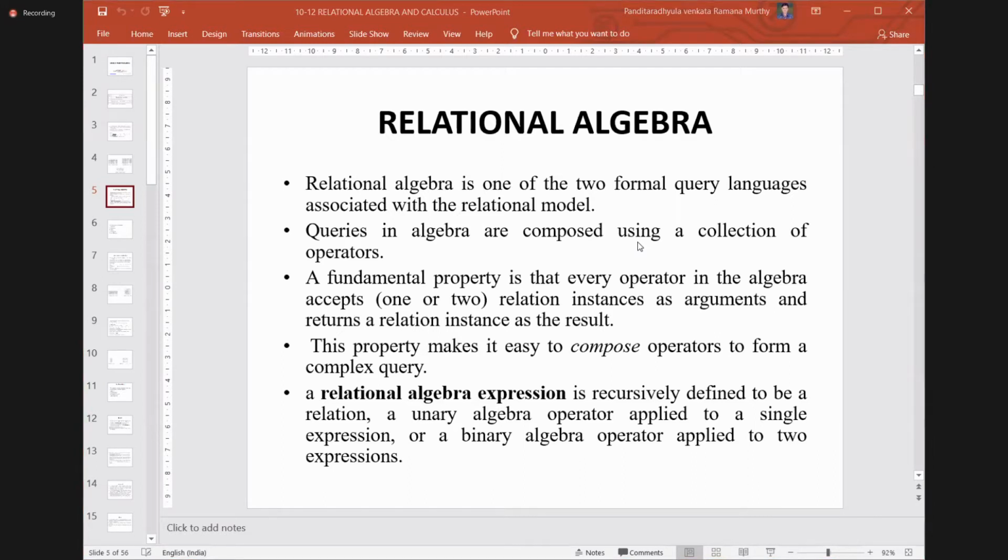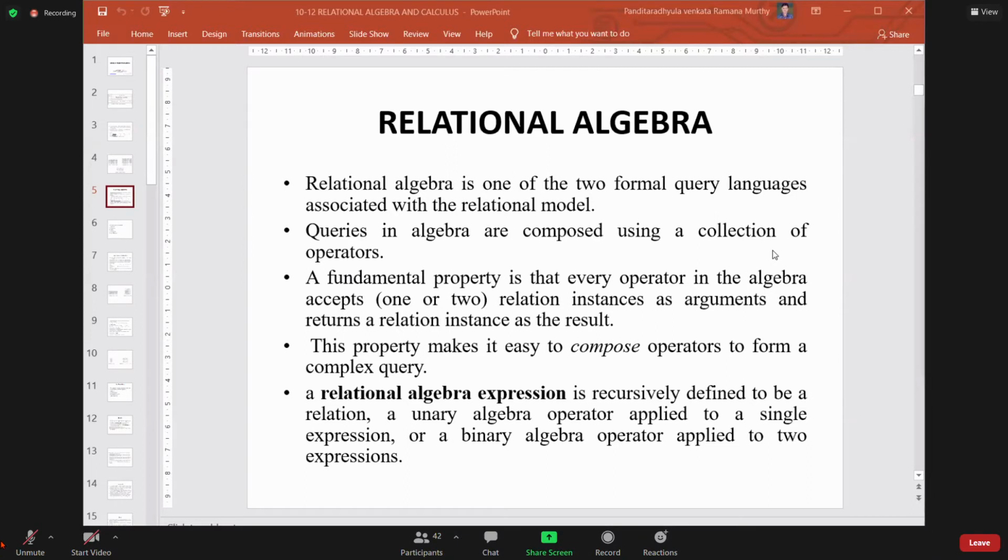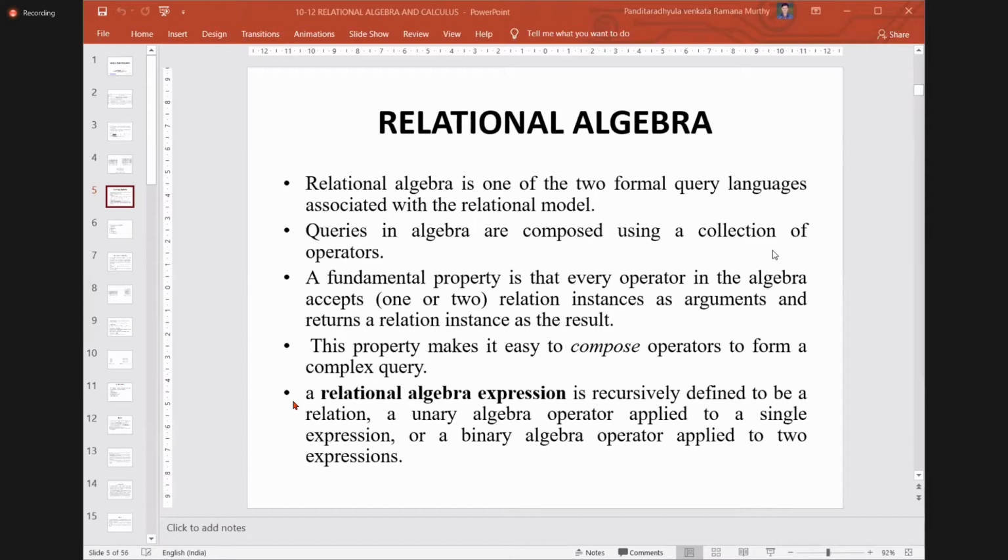Every operator in the relational algebra accepts relation instances, whatever we are using in database management system programming languages. Every operator accepts one or two relation instances, so based on the operator, like a unary operator, binary operator, ternary operator, like in the C language we learn.